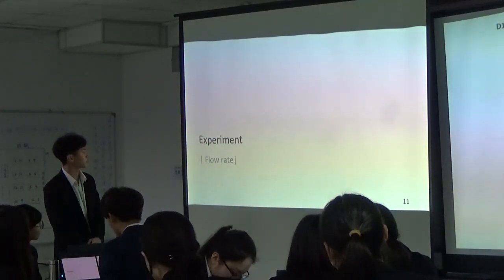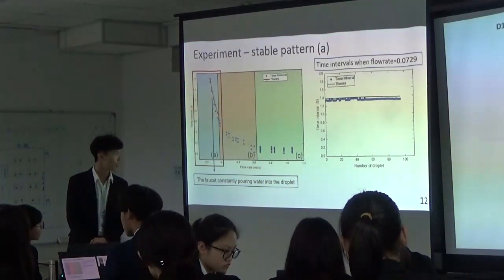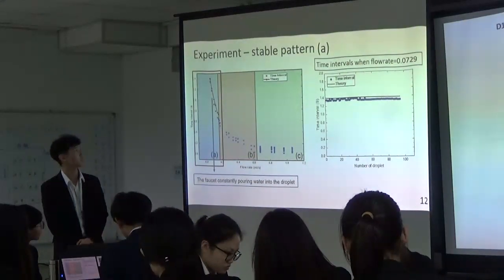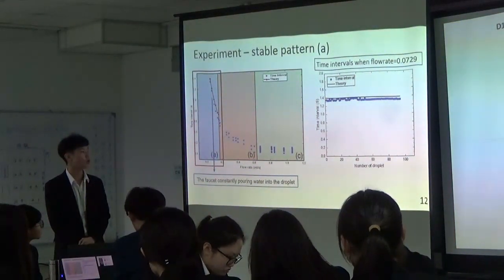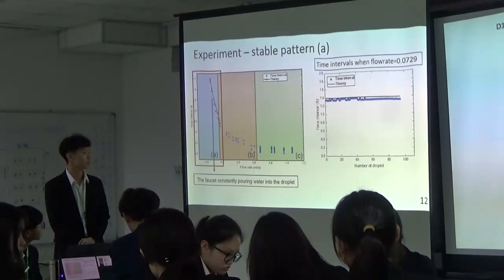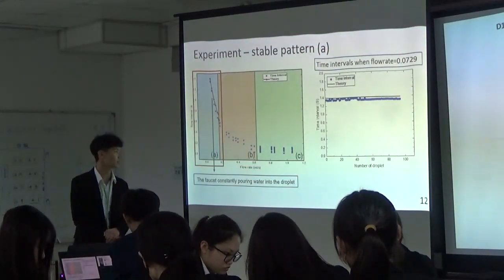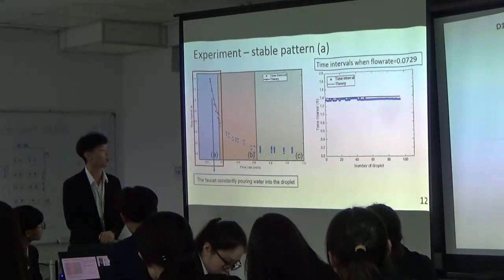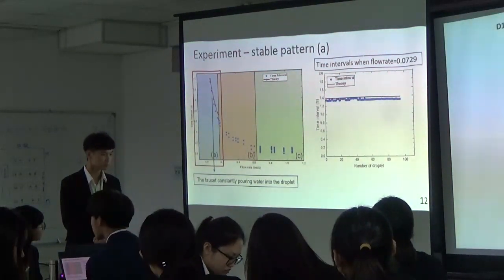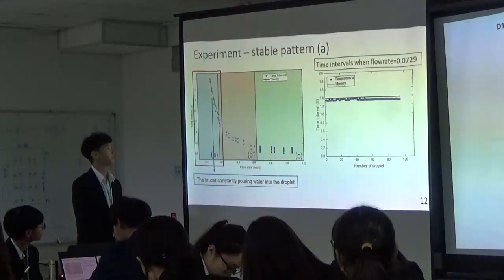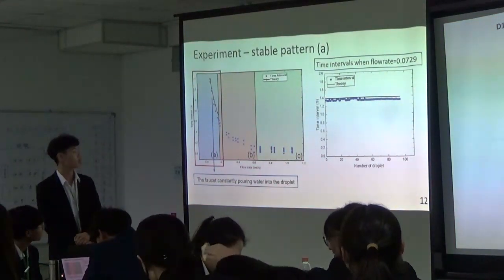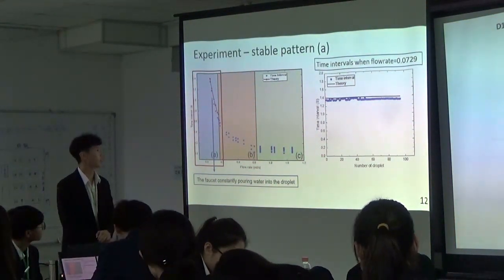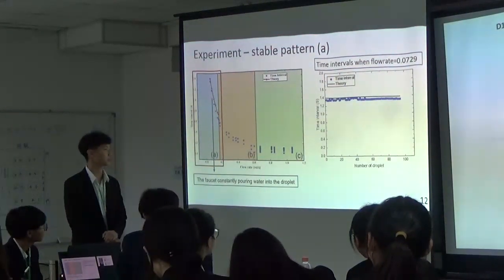Next is our experiment. This is the first part, the stable pattern. We found that all of the data in this kind of condition matches one line. It means they are all in the same time interval, because it is very stable. And you may find that the theory line is higher than our experimental data.